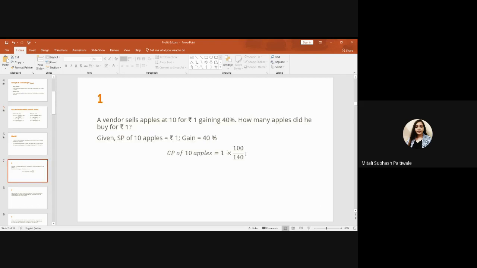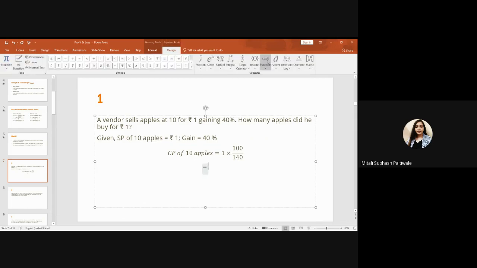Now, this is the selling price of that one apple, which we were supposed to consider on this side, but we are considering it first. So how much did we get out of this?